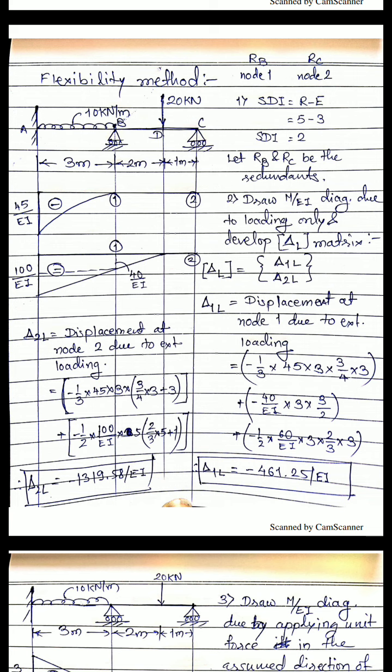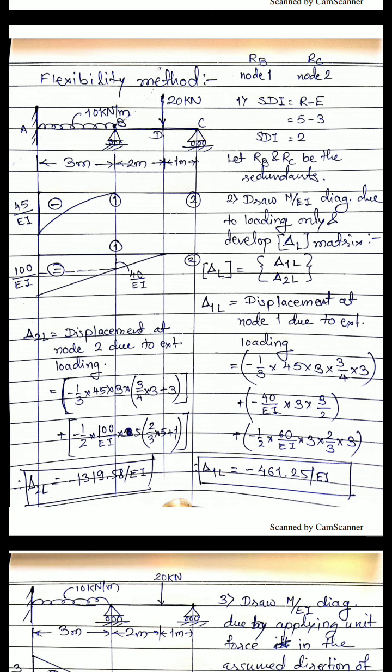From this you will develop your delta L matrix, which means displacement due to external loadings. Here you have two external loads. First we have drawn for the UDL. Next is your point load, which is at 2 meters from point B on span BC.